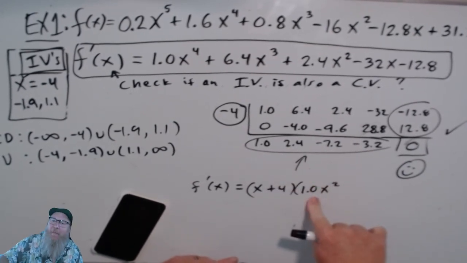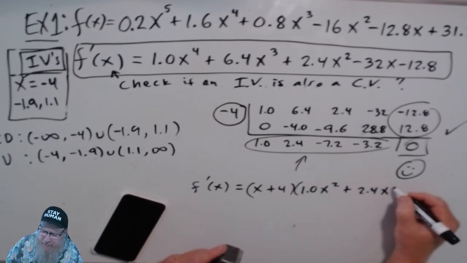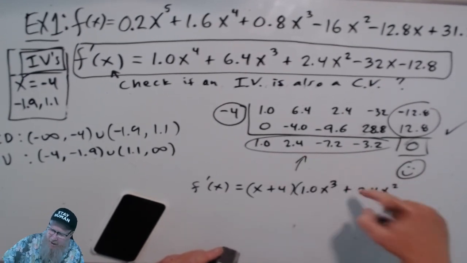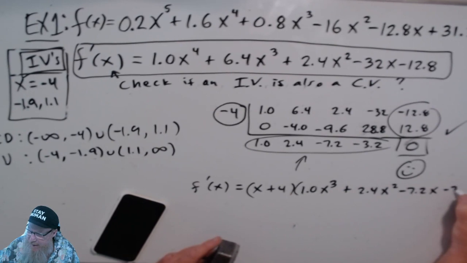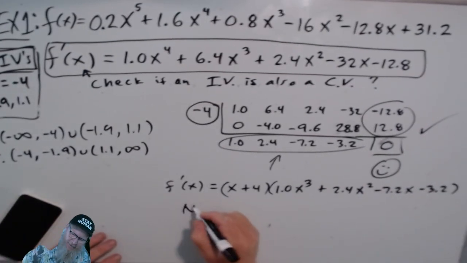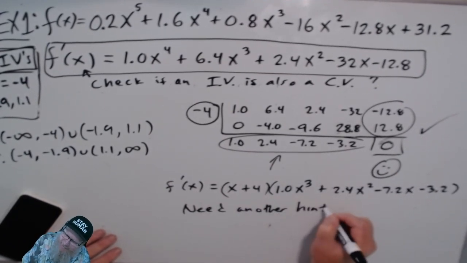It's really just 1, though. Plus 2.4x. Oh, actually, it's not squared. It's cubed. x squared minus 7.2x minus 3.2. And we're going to need another hint. I've got to keep giving you hints.